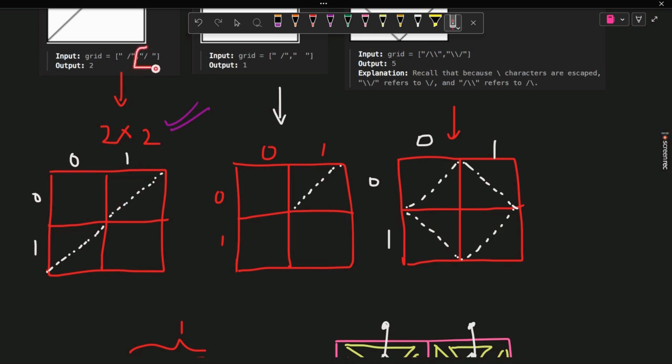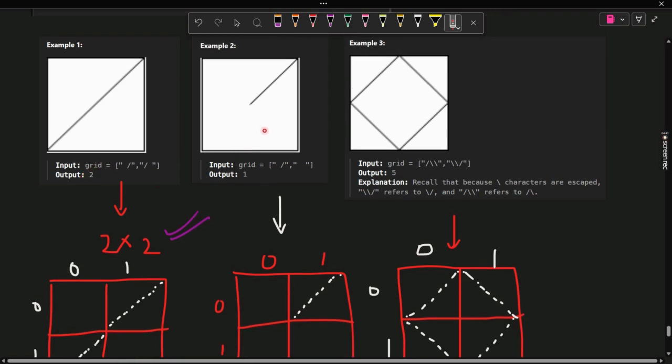Then in the second row, the first cell has a forward slash, and the second cell is empty. After drawing these slashes, we can see that both of these forward slashes collectively divide the whole grid into two parts, where the first part is this and the second part is this. Two regions, which is the output also.